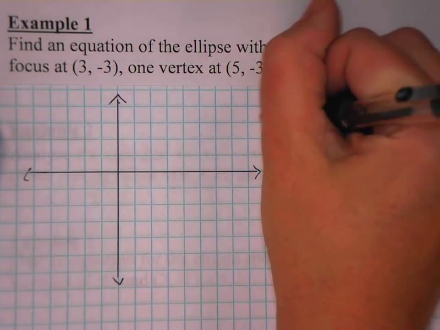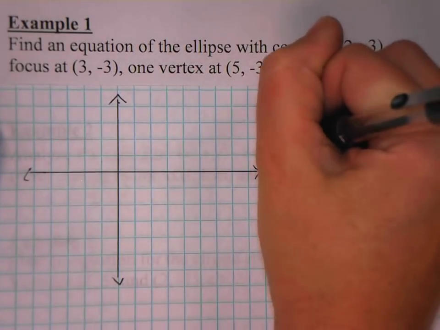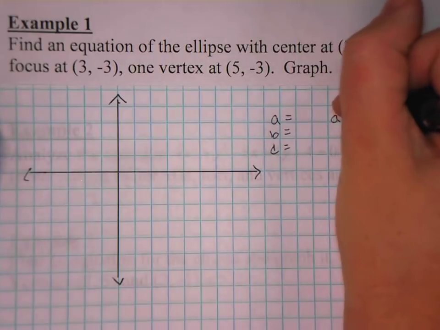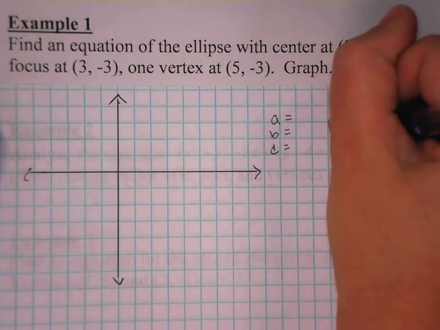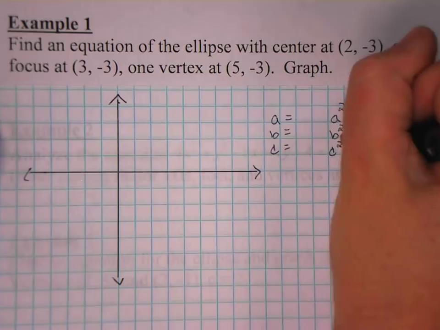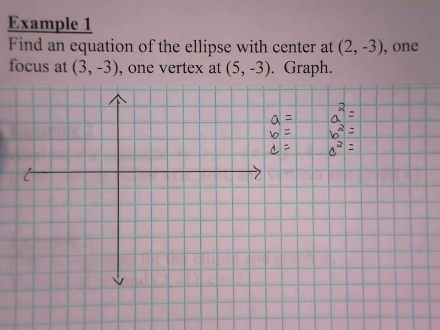Make a list of A, B, and C, and the corresponding A squared, B squared, C squared. And it looks like our ultimate goal is to find an equation and graph.